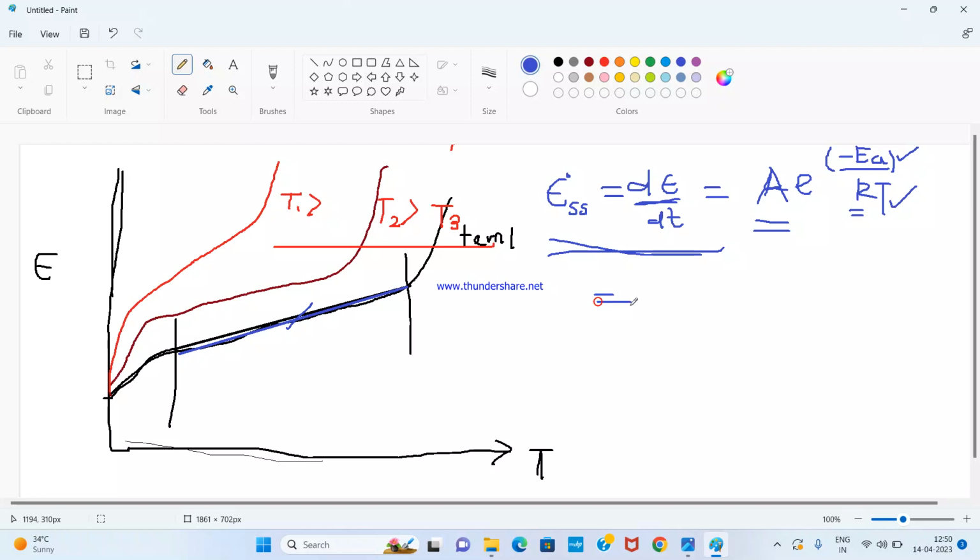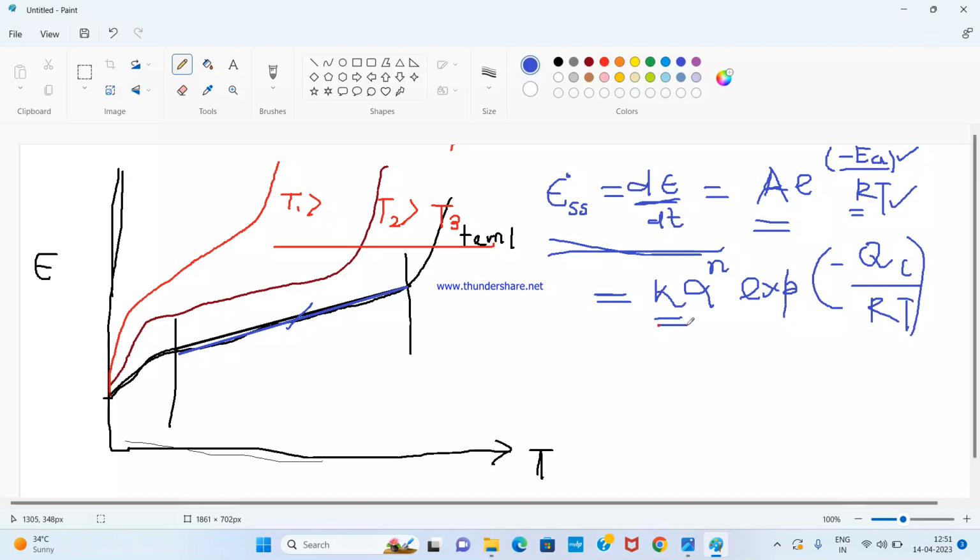So in the case of creep, this is written as some constant, say K, into sigma to the power n, into e to the power minus QC by RT. So here it is similar.